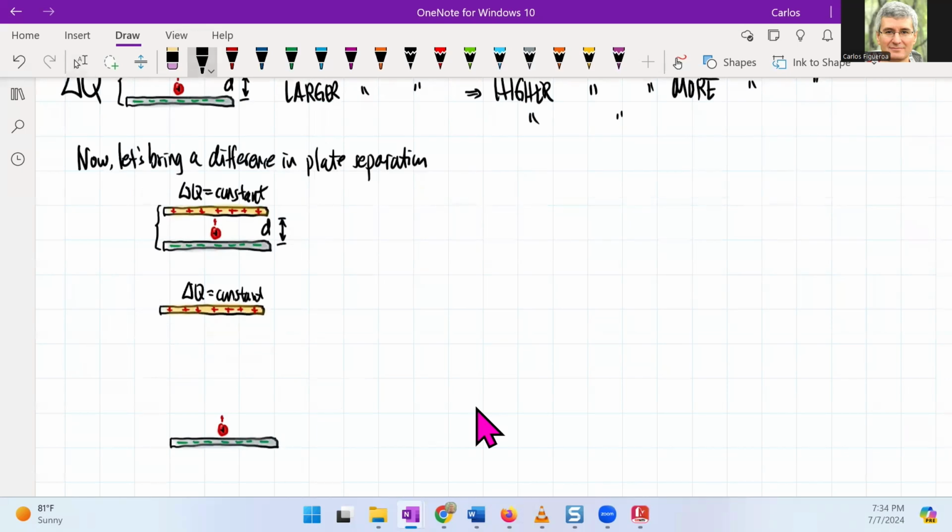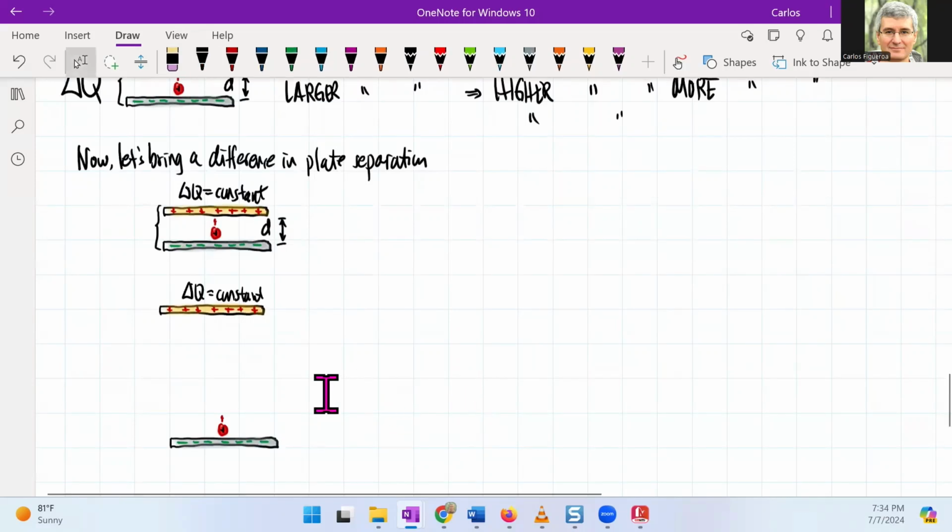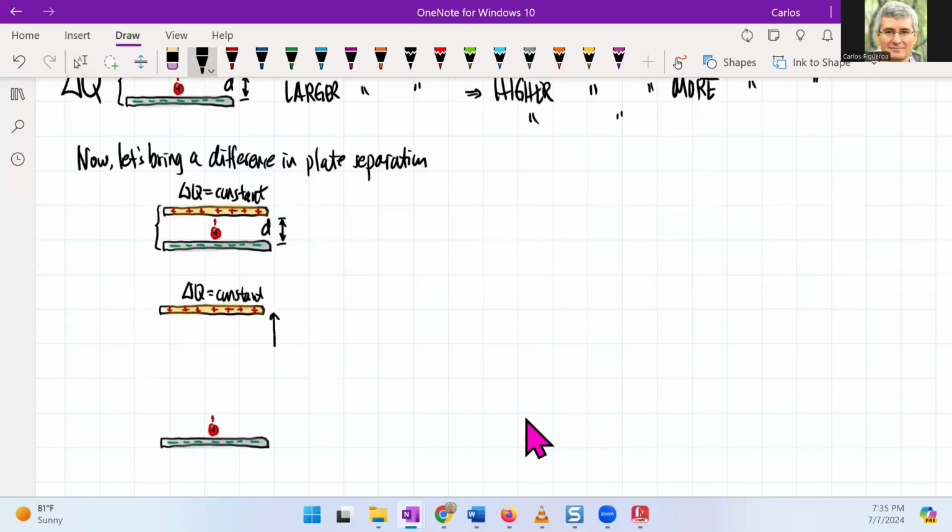They stay fixed. But clearly in this situation we have a larger separation right here. So if I look from here to here, I now have a large separation. Then we ask the same question. If the plates are close together, then the charges only have to move a small distance, and that doesn't take that much work.